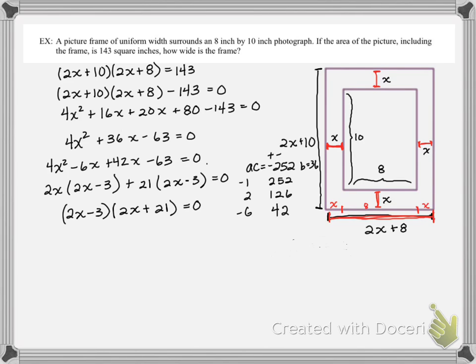And then we'll set each of our factors equal to 0. So 2x minus 3 equals 0, and 2x plus 21 equals 0.